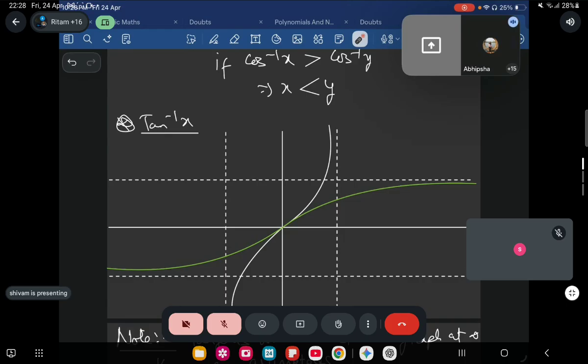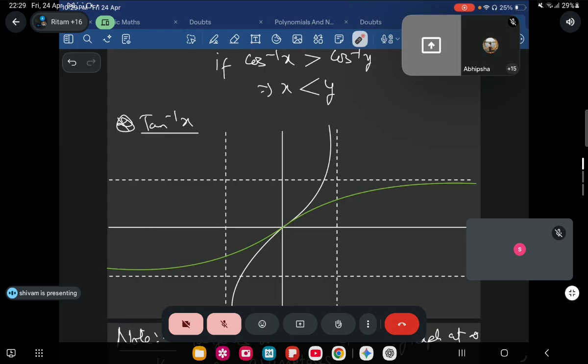So tan inverse x is monotonic. Even though the function is monotonic and defined on the whole real number line, still the range is not R. Generally, whenever a function is monotonic, the range is always R.